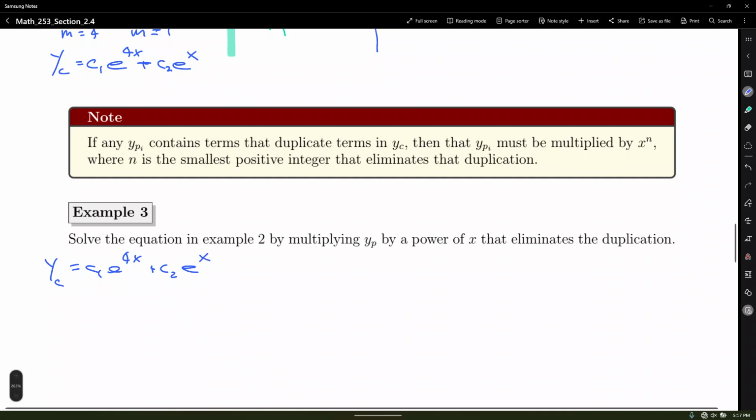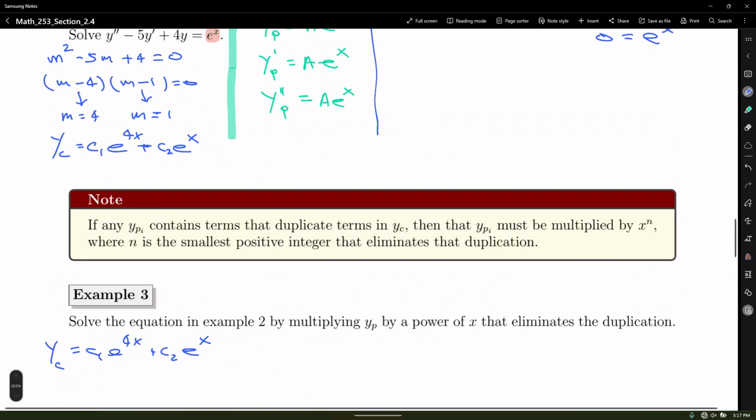What about y sub p? In this case, a e to the x didn't work because that's a duplicate. All we're going to do is multiply by a power of x, so one power of x. Does ax e to the x look like a duplicate of the solution to the homogeneous equation?